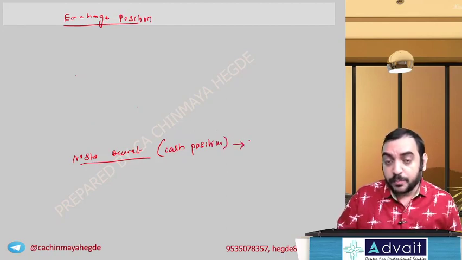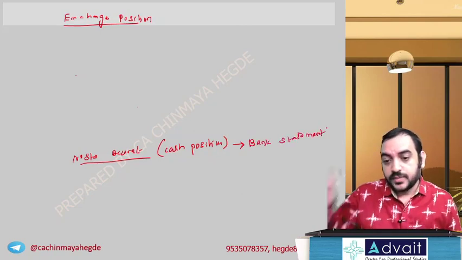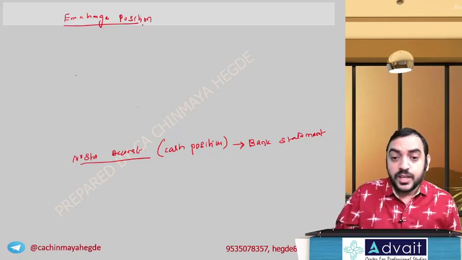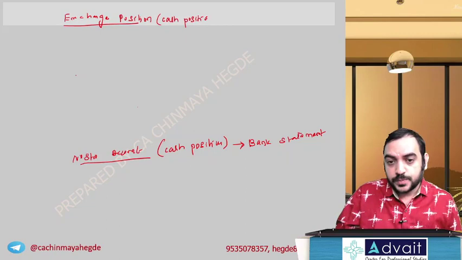It reflects a bank passbook, bank statement. Remember, we are doing this for the dealer, not for the bank. Now, exchange position is cash position plus contracts.